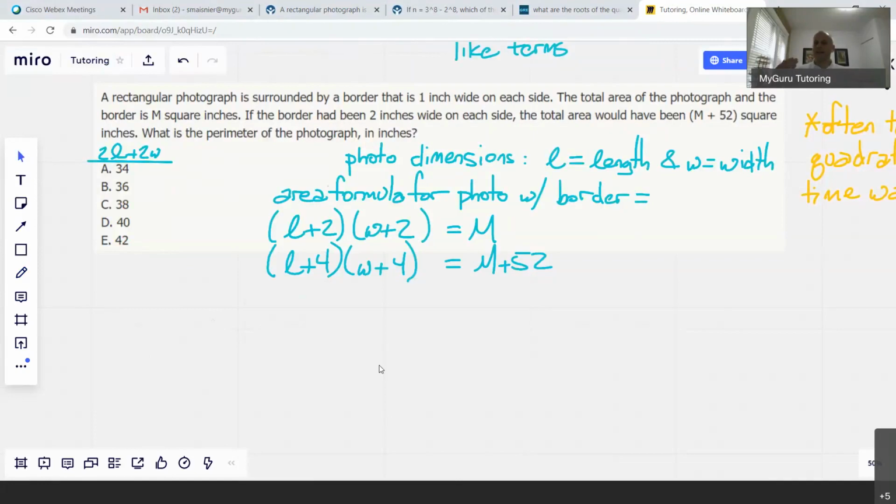So this is where we need to think about how we produce those quadratic expansion terms. So what I'm going to do is actually expand each of these. We're going to just take this first one, and if we expand that first quadratic, what is L plus 2 times W plus 2 expanded or distributed?